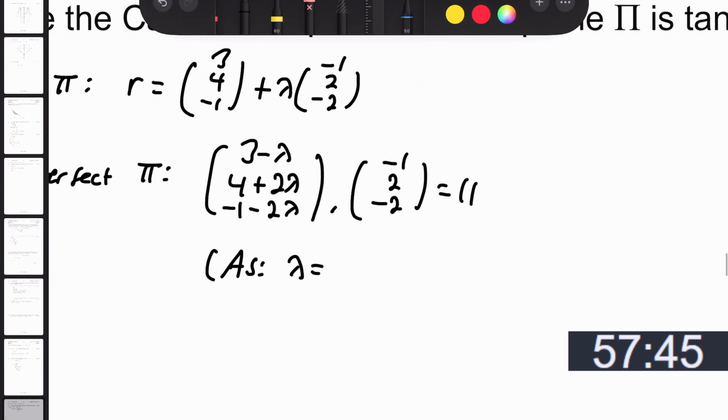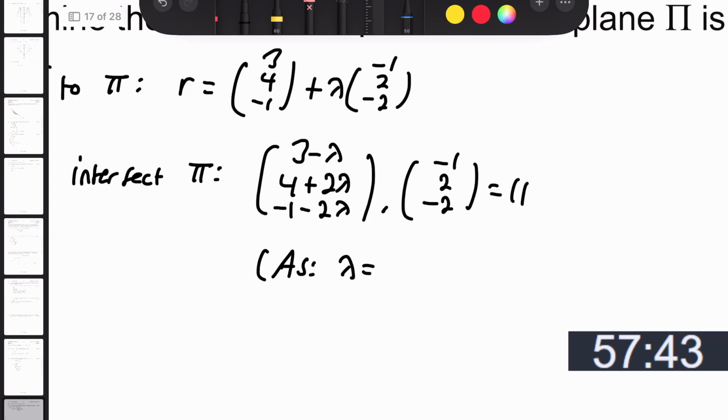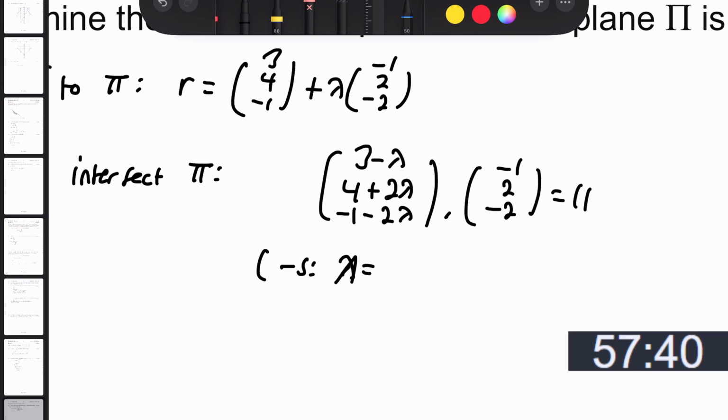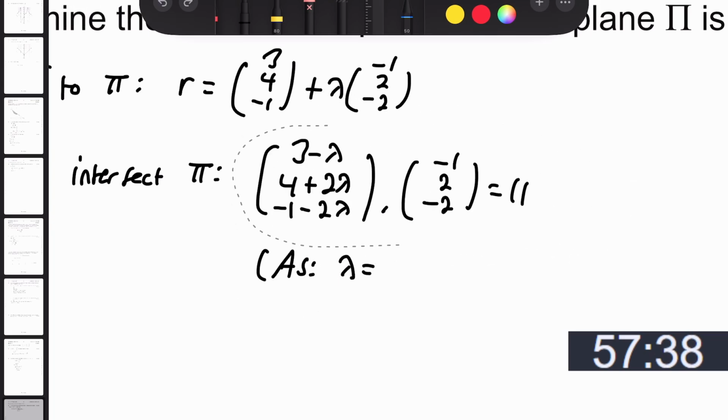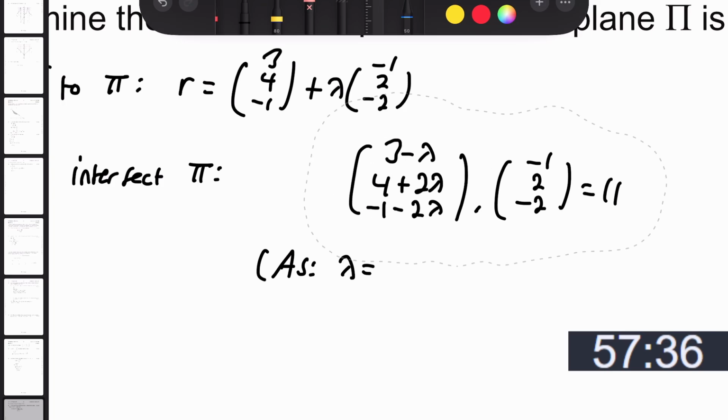On the CAS, lambda is equal to... I'll move this all over a bit so I can solve.